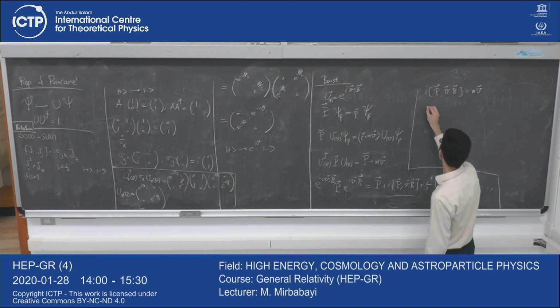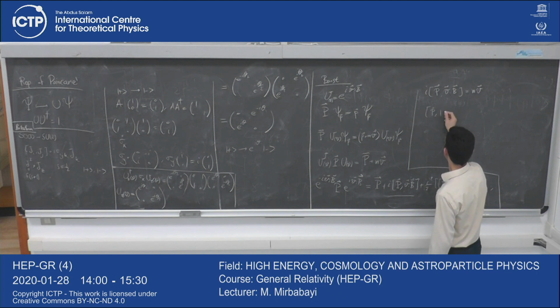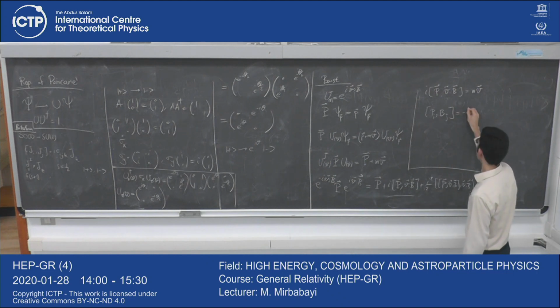So the commutator of P_i and B_j is equal to minus i times m times delta_ij.